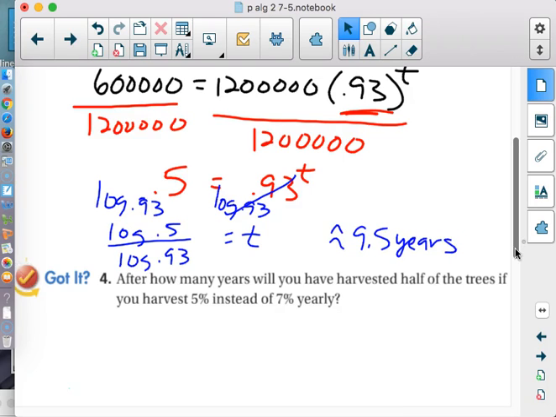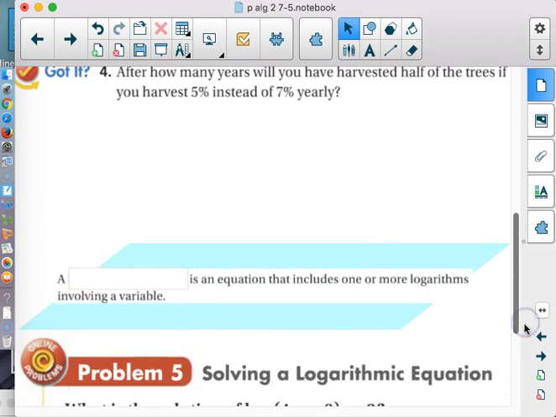Like it says, if it's harvested properly, what's happening is they're planting trees while they're harvesting trees in another part of the forest. So 4 says, after how many years will you have harvested half of the trees if you harvest 5% instead of 7% yearly? Okay, well, it's still half the trees.